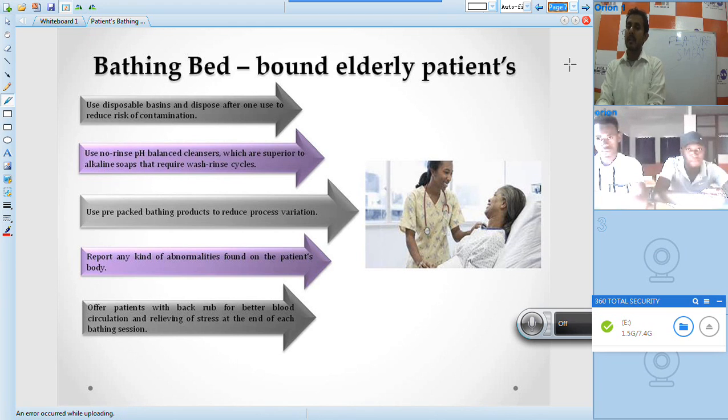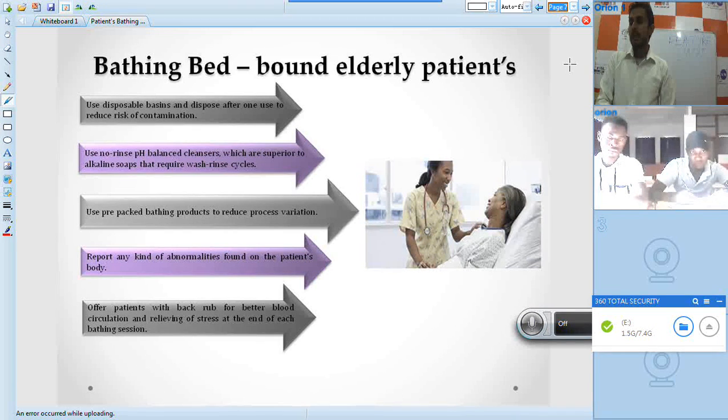Use pre-packed bathing products to reduce process variations. The pack which contains all the bathing equipment should be used, so that the time and the variation during giving the elderly patient a bath are reduced.